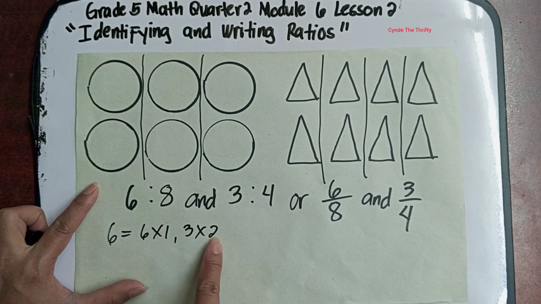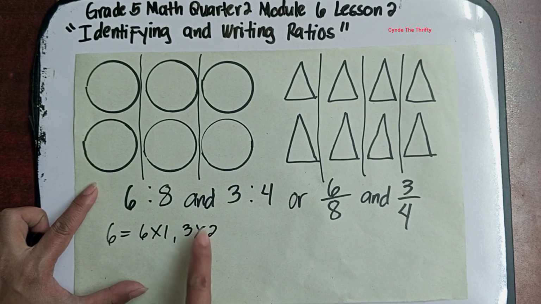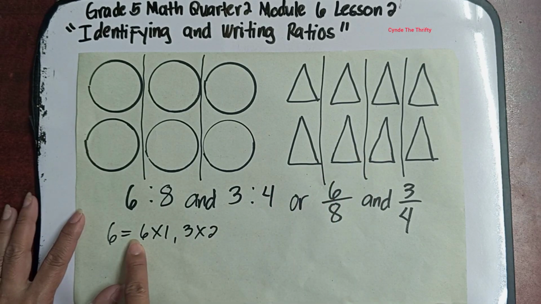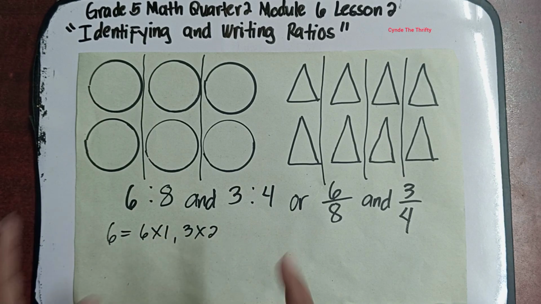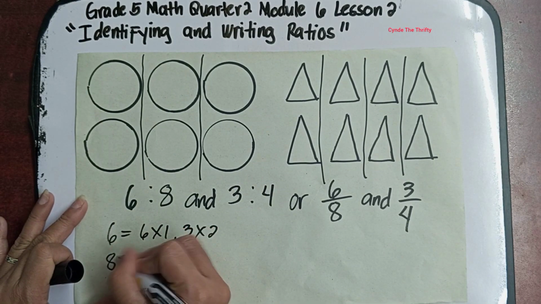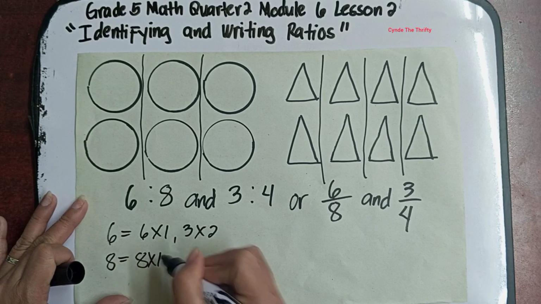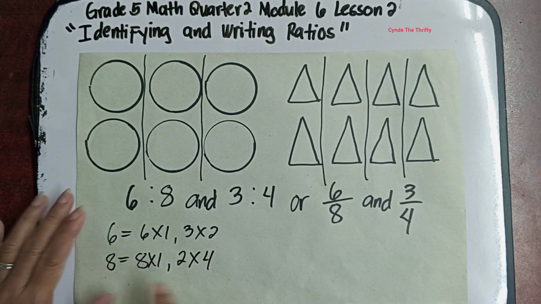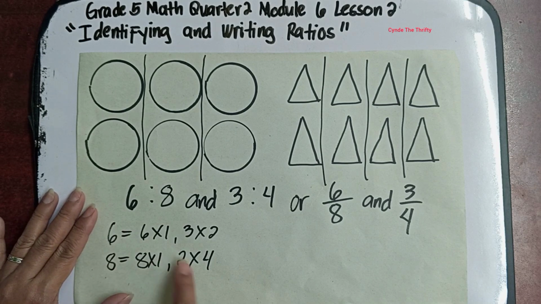Wala nang ibang number. Hindi na tayo pwedeng mag-multiply ng 3 times 3 kasi 3 times 3 is equal to 9. So, ito yung mga factors ni 6. 6 and 1, 3 and 2. Si 8 naman, kapag i-factor natin, 8 times 1 and 2 times 4. Okay, so ito din yung factor ni 8. 8 times 1 at 2 times 4.